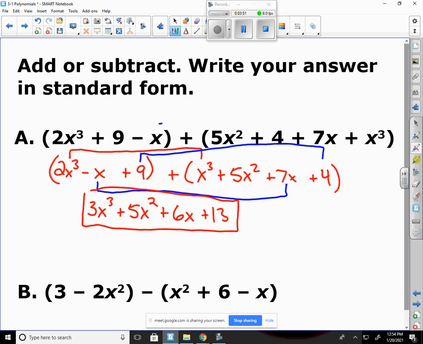And that's my final answer. So that's how I combine them. This is called horizontal combination.